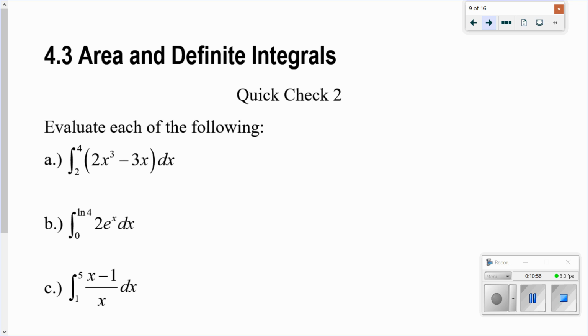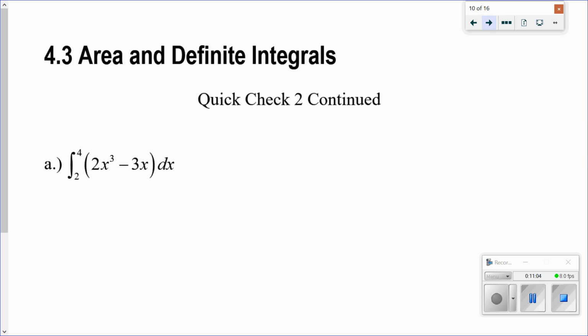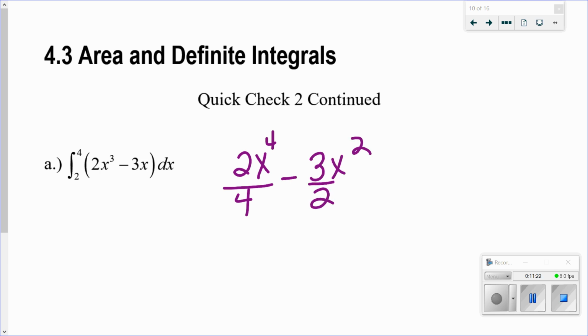Okay, here are some more for you to practice. Again, the answers to these will be in the notes that are posted online. And let's do one more, though, together. We'll go ahead and do this one. So we get 2x to the 4th divided by 4 minus 3x squared divided by 2.